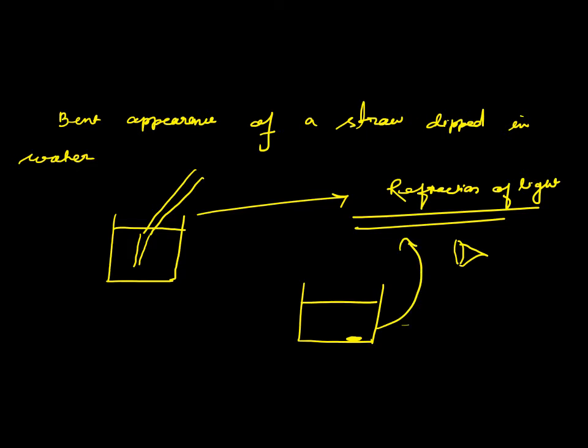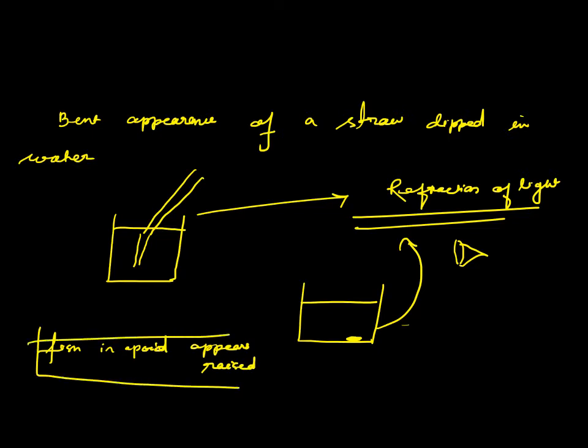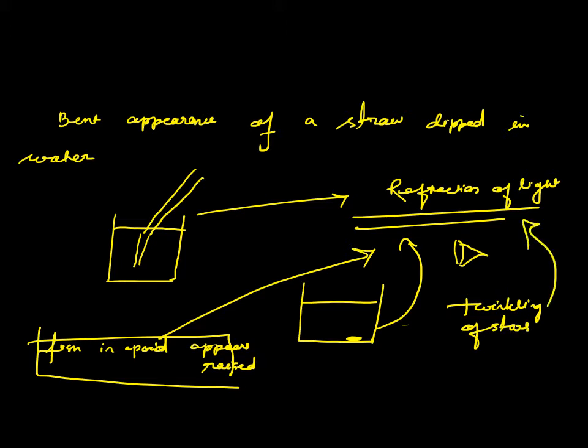Likewise, fish in a pond appears raised, and this particular phenomenon is also due to refraction of light. And not only this, phenomena like twinkling of stars is straightly related to refraction of light.